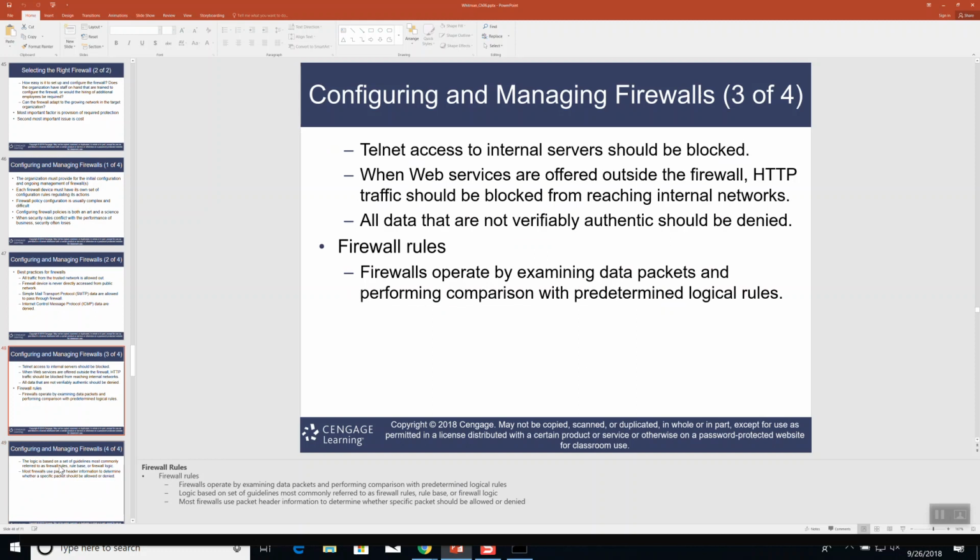When web services are offered outside the firewall, HTTP traffic should be blocked from reaching internal networks. I'm not sure about that, but if you've got your web server sitting outside your firewall, it's not part of your internal network.